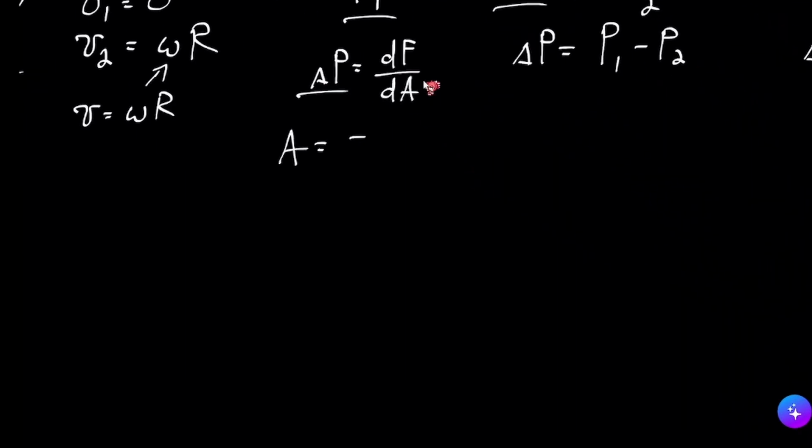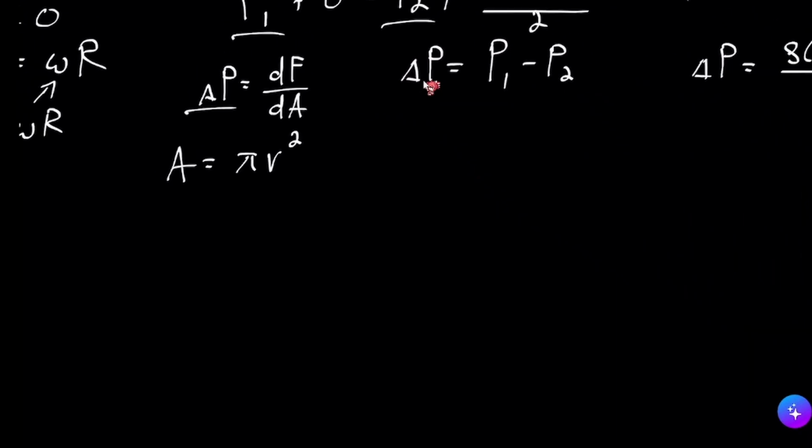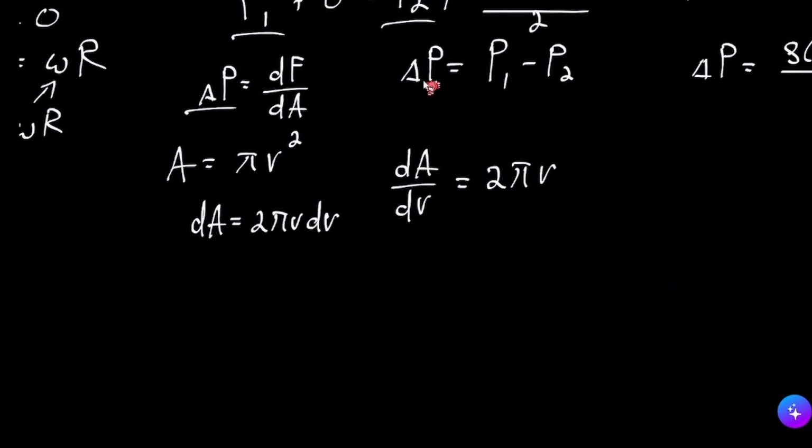The area of a circle is pi r squared. So what's the very, very, very little amount of area? We can differentiate this. dA over dr will equal, bring the 2 down, 2 pi r. So dA will equal 2 pi r dr.